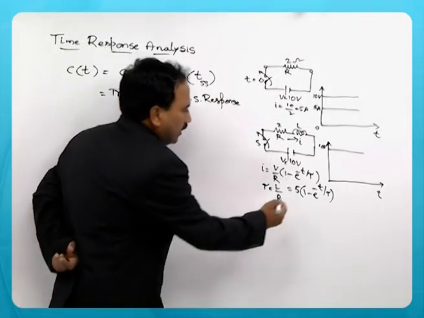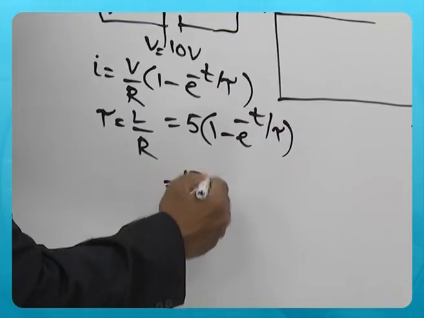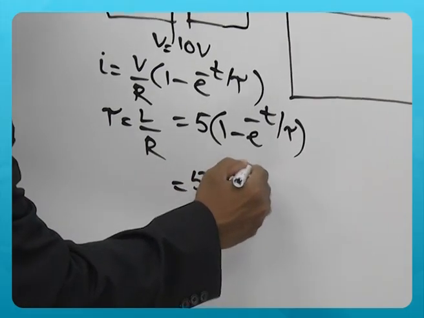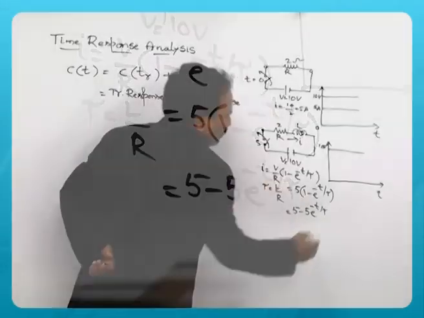That means, I can write this as 5 minus 5 e power minus t by tau.